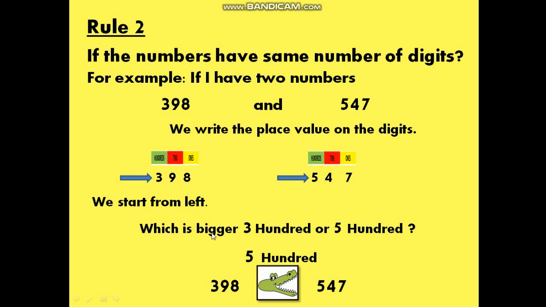We will see the place value: 300 and 500. Now tell me, which one is bigger, 300 or 500? 500 is bigger. So this crocodile is going to eat 547 and the smaller number will be 398. Hope you have understood this.